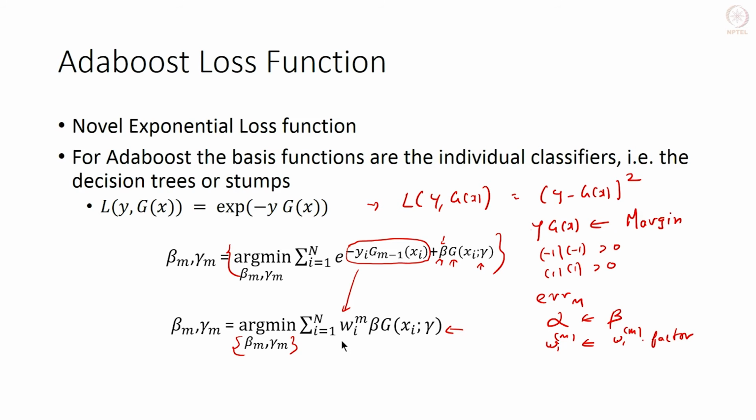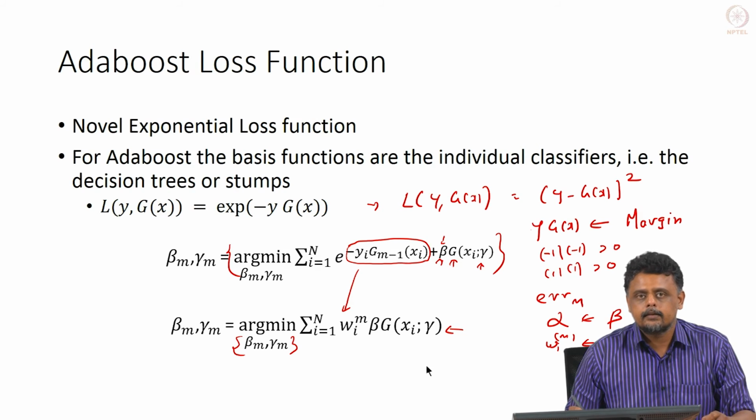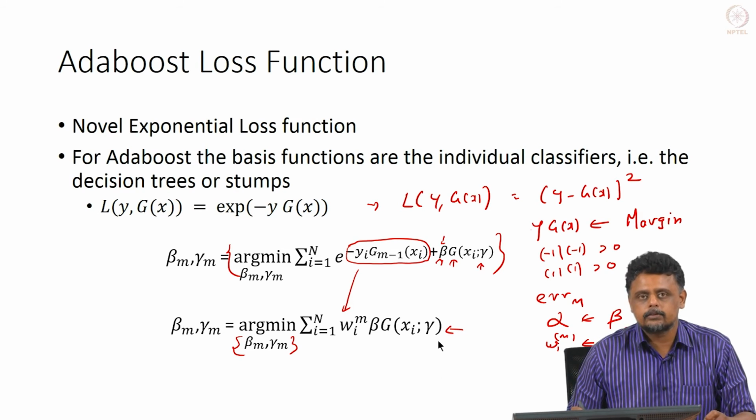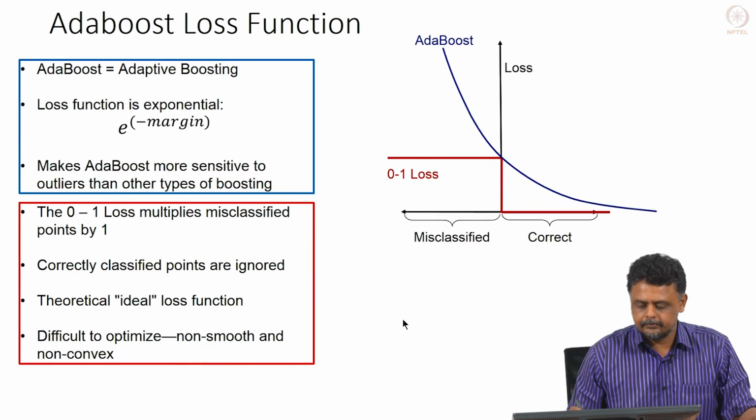The update rule for these weights and the estimate for beta can be obtained by just optimizing this loss function; even analytical expressions can be obtained. So, this is the basis for the AdaBoost algorithm.